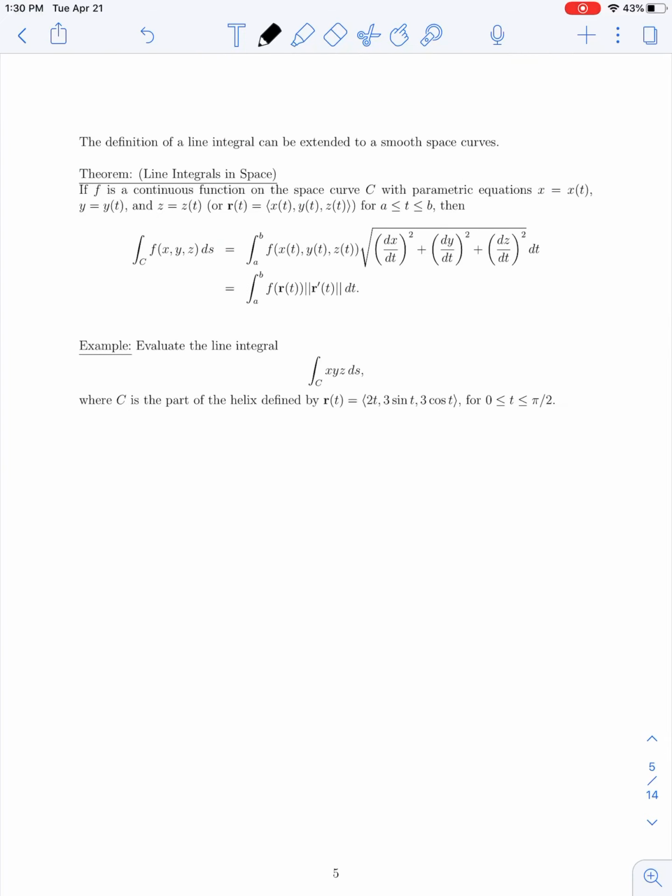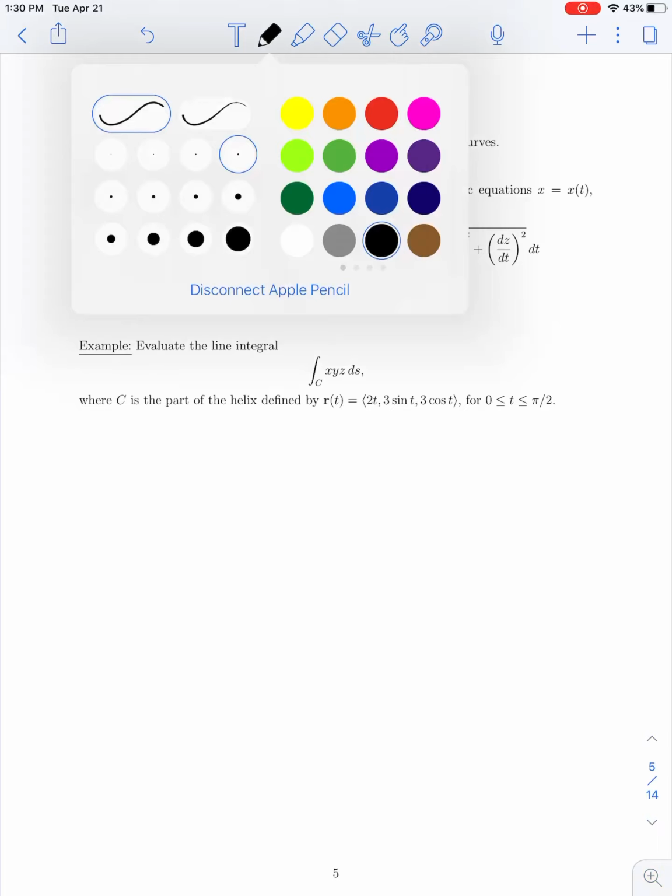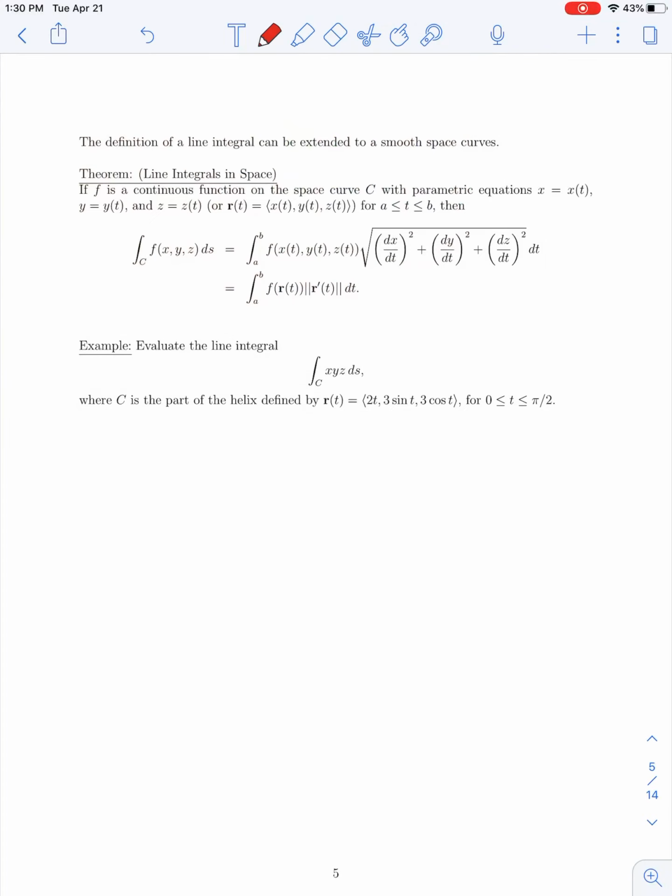So let's look at an example of extending our definition to a line integral of a function of 3 variables integrating over a curve in space. So much like the theorem that we saw for line integrals of plane curves, we have a similar formula for evaluating a line integral of a 3-variable function over a space curve. So here's what it says.